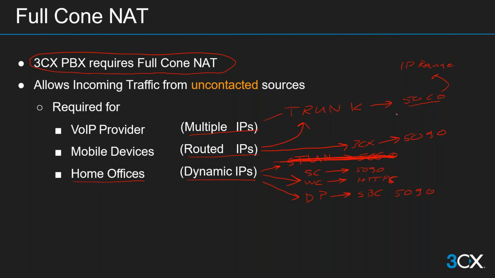So you see 5060 is generally only needed for the trunk. If we do it properly, everything else we can solve with SBC. Full Cone NAT, we do that at the very beginning when we use the firewall tester, which we see afterwards. Else we do not want to have 5060 open.